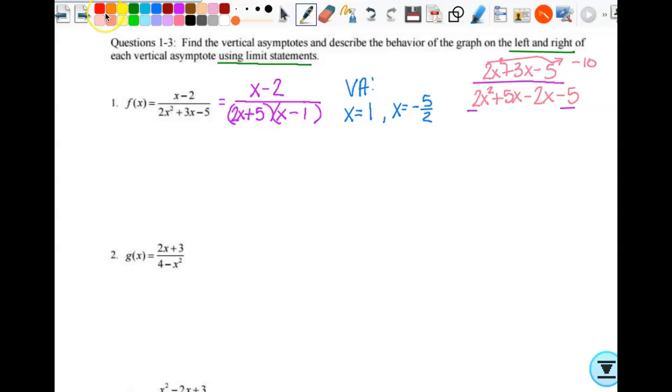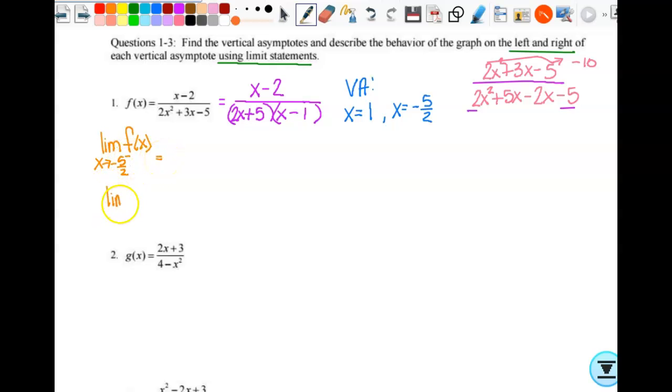Now it says, describe the behavior of the graph on the left and right of each vertical asymptote using limit statements. So I need to say the limit of f of x as x approaches negative 5 halves from the left equals something.